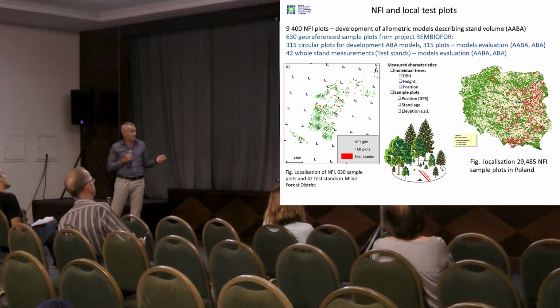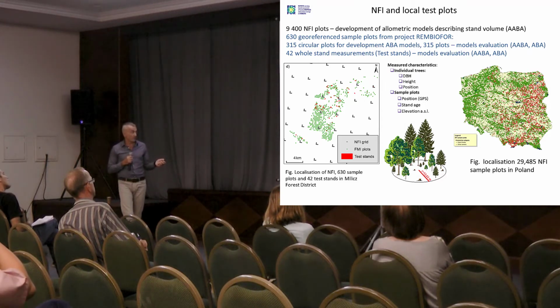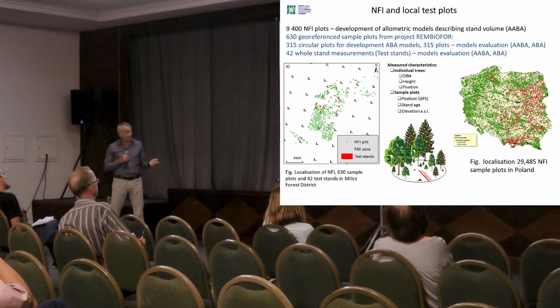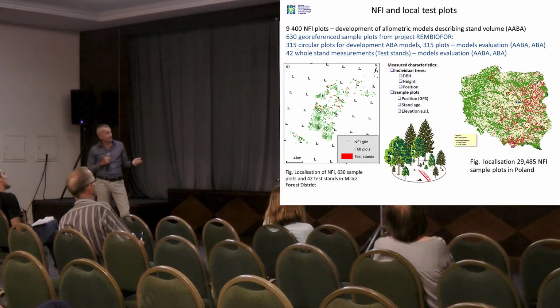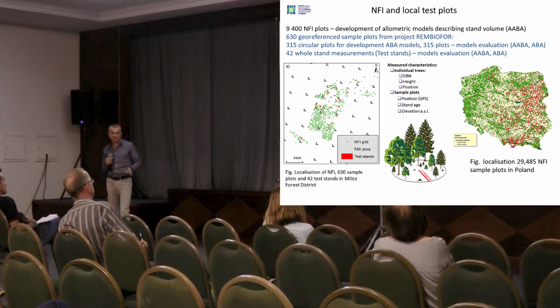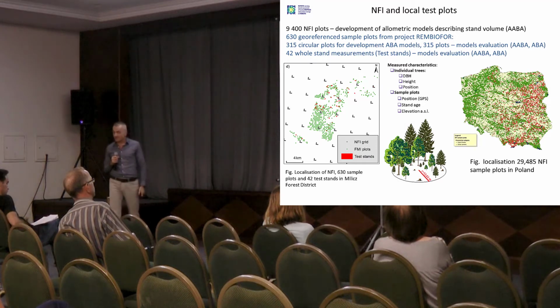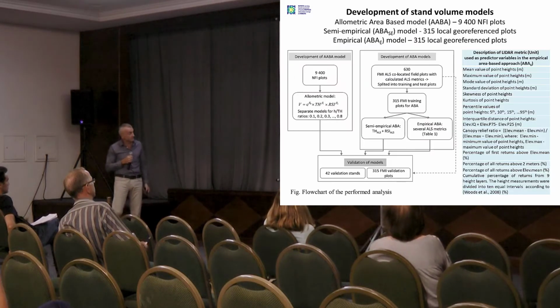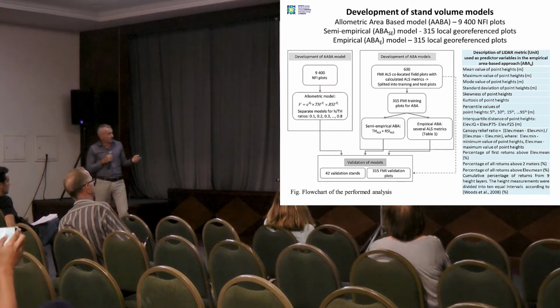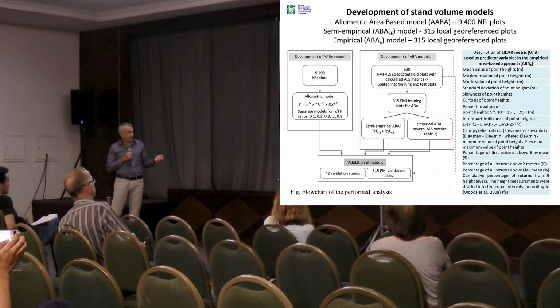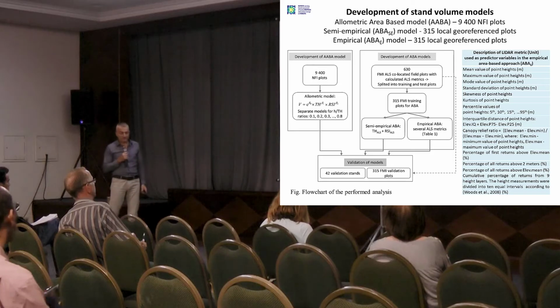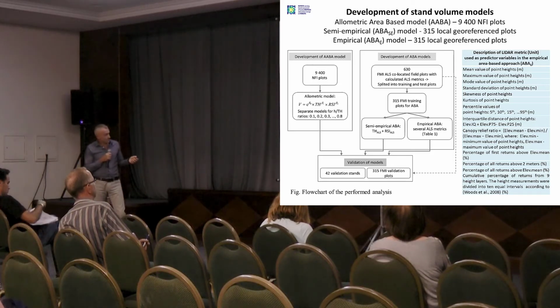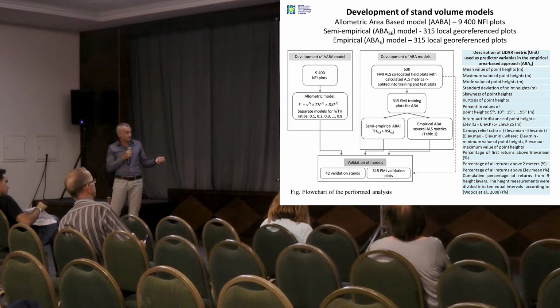Half of the plots, 315 plots, were used for development of ABA models, and other plots were used for model evaluation. We measured also 42 stands in which every tree was measured, and these stands were used as the reference for the method testing. And we developed the AABA model, you know, the allometric area-based approach, using 9,405 plots.